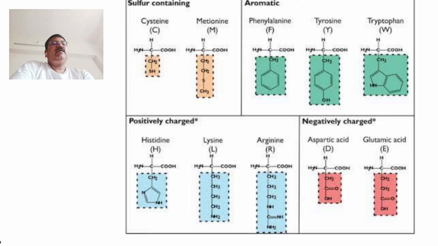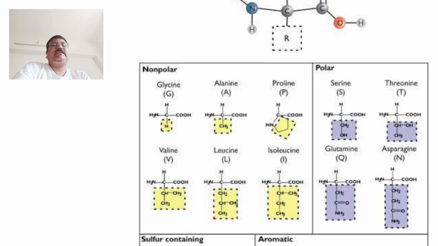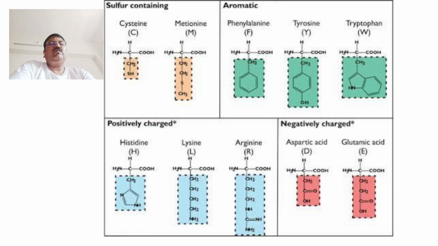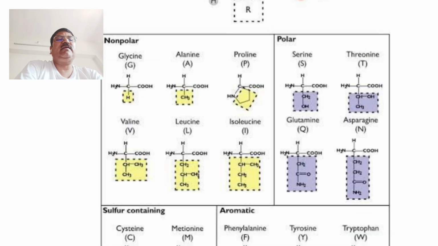So this is the brief classification of alpha amino acids: non-polar alpha amino acids with non-polar R groups, polar alpha amino acids with polar R groups, that is positively charged and negatively charged R groups, while special alpha amino acids contain sulfur in the R group, and aromatic ring systems in the R group.